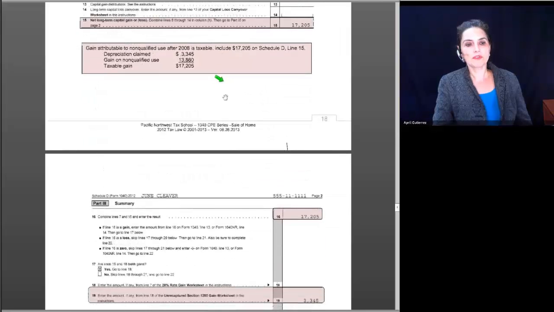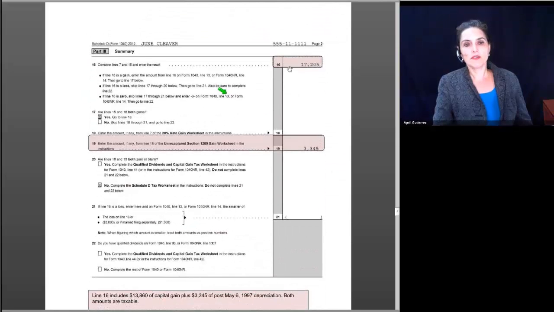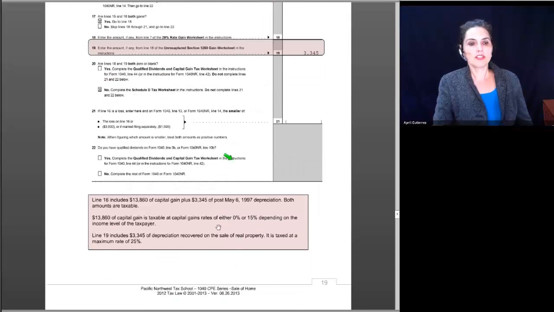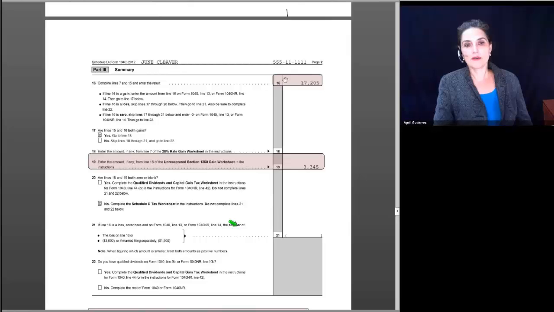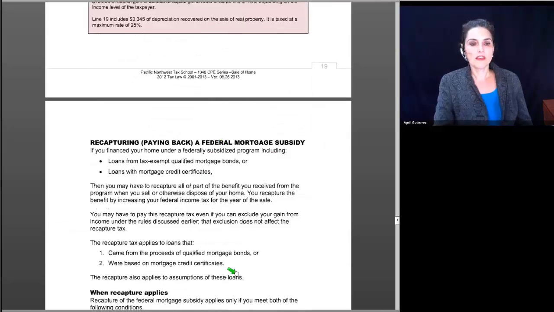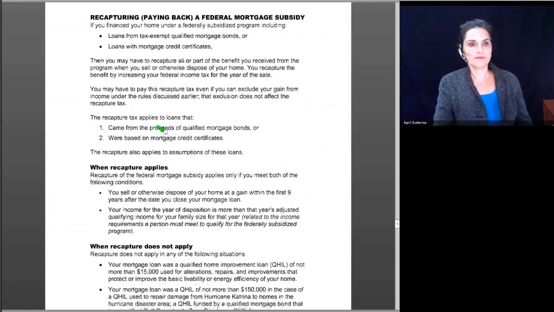We then move over to page 2 of the Schedule D. We continue with that taxable gain, and then on line 19, we show what portion of the gain is due to recovery of depreciation. And ultimately, June is going to need to complete a Schedule D worksheet to figure out how much tax she owes on the combined capital gain income, $17,205, of which $3,345 is recovery of depreciation.